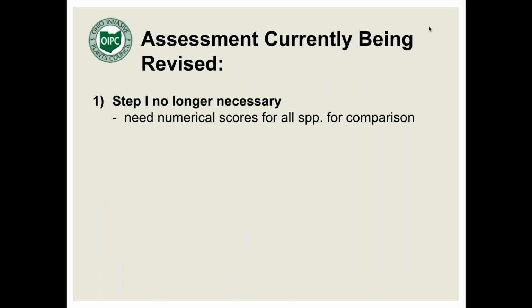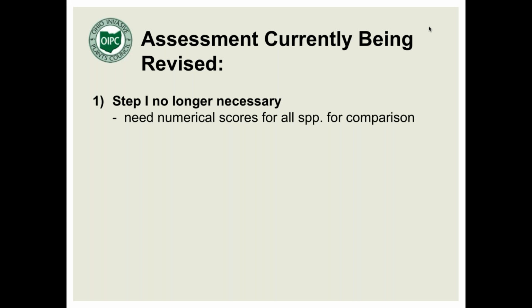So that's where we were going. We've been doing this since 2013. About 2 years ago or so, we started to realize, as we were working through all of the big bad invasives and coming to ones that are just starting to move into the state, that we had some challenges. One, it became very apparent that step 1 was no longer necessary. Remember, that was the step where we're just trying to identify the worst offenders. The reason was we would skip things.